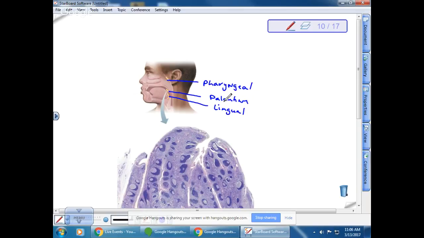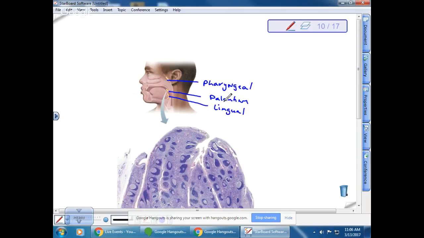When your tonsils are removed, they don't necessarily take your adenoids. I don't know if they would just do the adenoids and not the tonsils. I'm not sure. That's a good question.